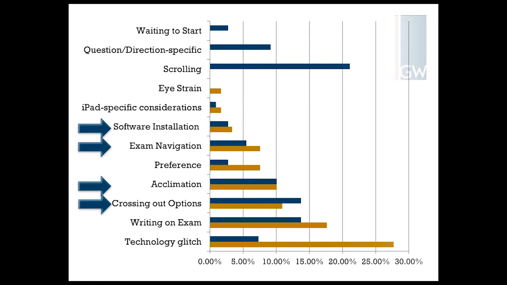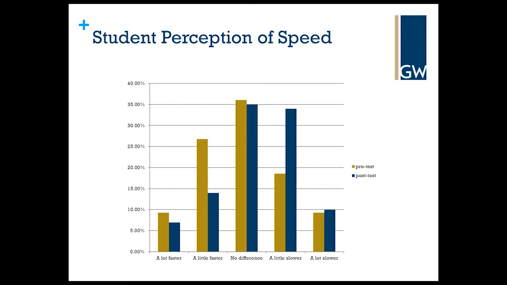So let's look at speed. We asked the students to compare the speed of the computer-based testing to the speed of taking the same test on paper. Again, pre-test is shown here in the gold, and post-test is shown here in blue. And not surprisingly, after taking the pilot test, the students found the computer to be slower than they did before taking the pilot test.